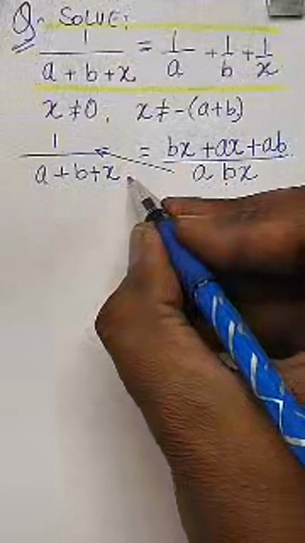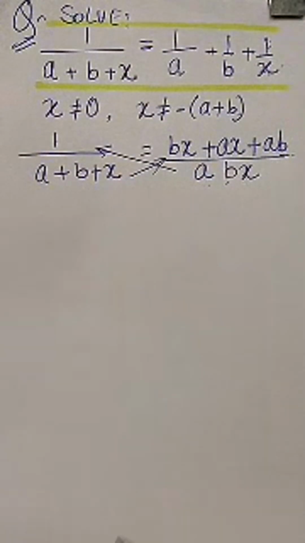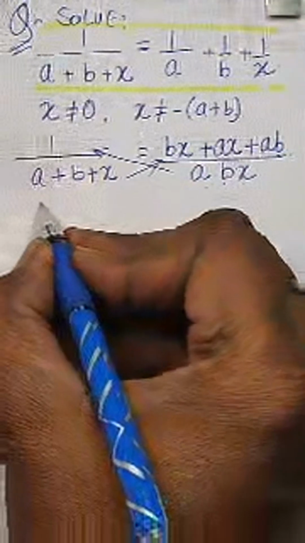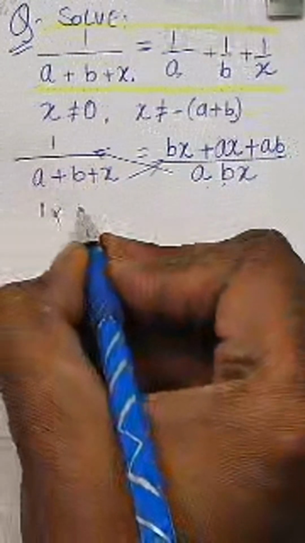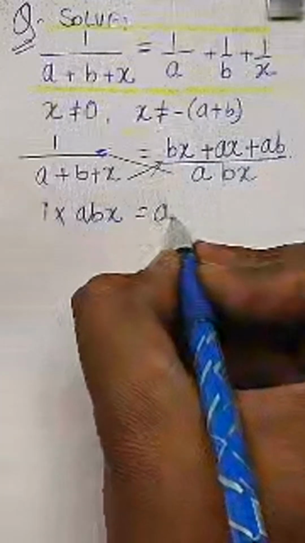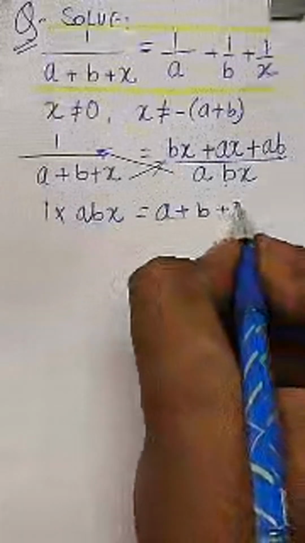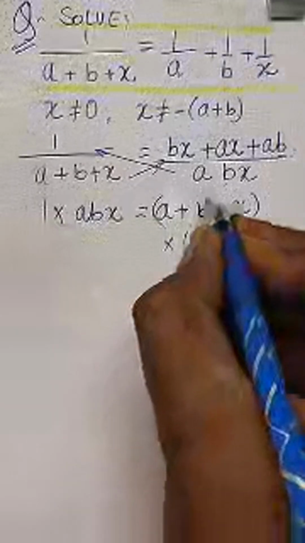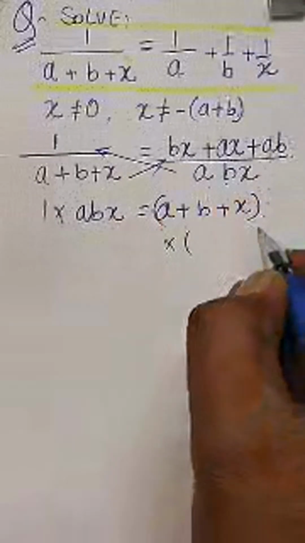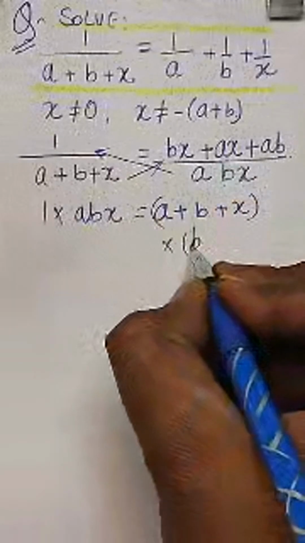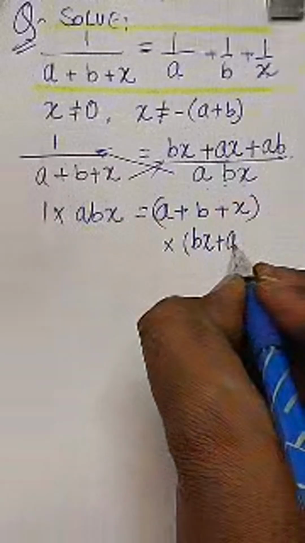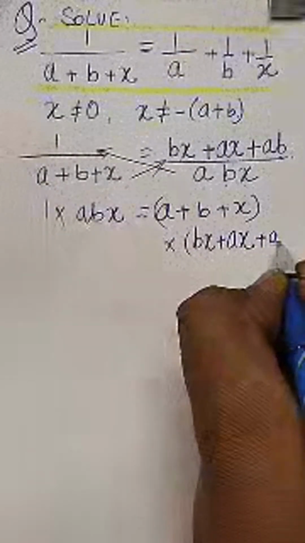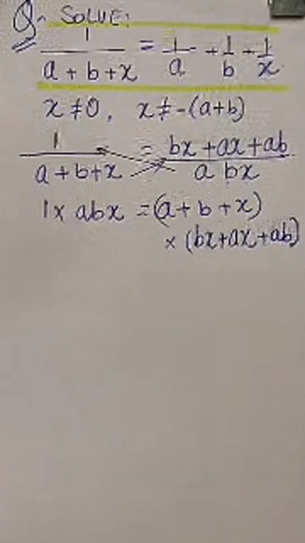So 1 into abx is equal to a plus b plus x multiplied with bx plus ax plus ab.